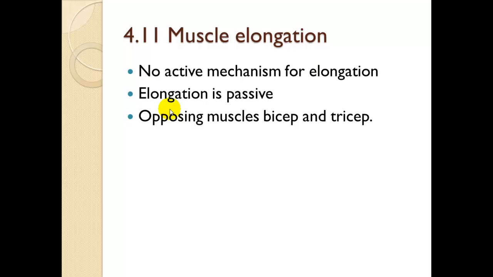4.11, muscle elongation. There is no active mechanism for elongation of a muscle. Your elongation is passive, and opposing muscles are what actually move it. Example of this, we're going to look at A and B here. If you flex your bicep, this is your elbow, your arm moves up and your bicep becomes shorter.